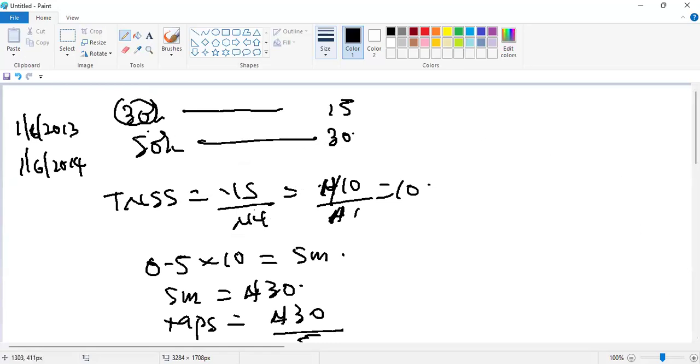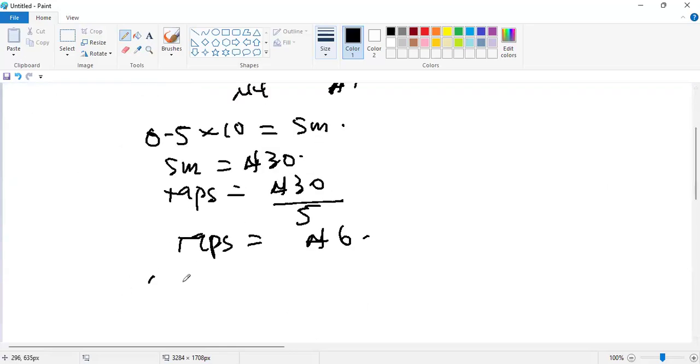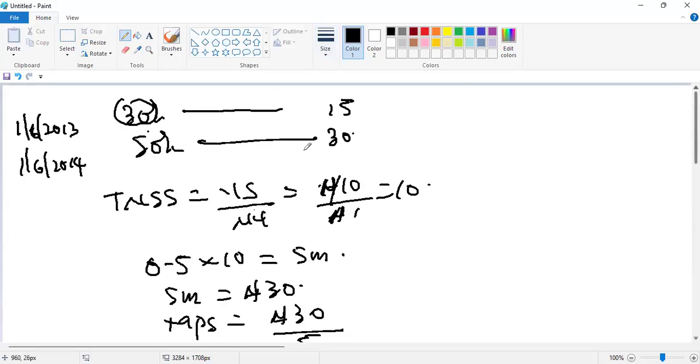At the market price of 6 naira, I say 0.3 times 10 million shares, 3 million shares. So how much is the 3 million shares? 3 million times 6 naira, 18 million. So if you want to acquire 30% shares today, it will cost you 18 million.